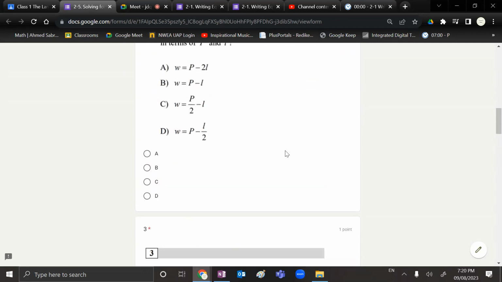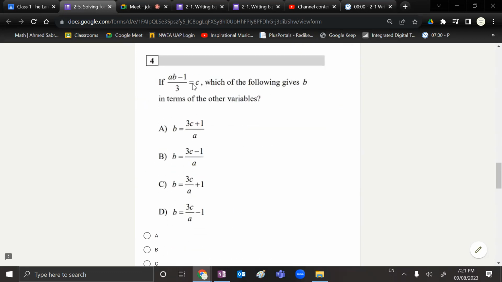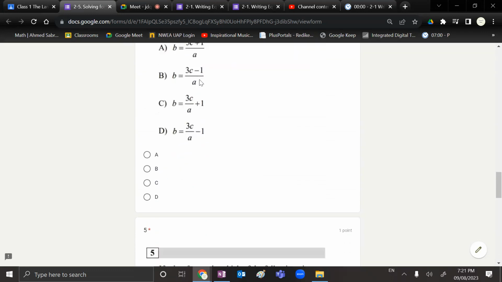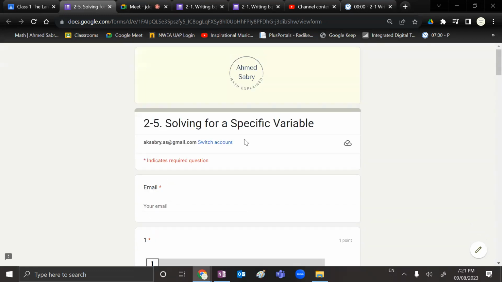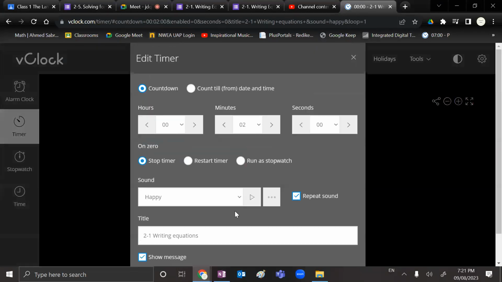I'd like you to try them out. These will be easy until question number 3, when A is repeated twice and they want you to solve for A. Number 4 is not hard, but the harder ones are 3, 5, and 6. Try your best in every one of them, and then we'll discuss them with each other.